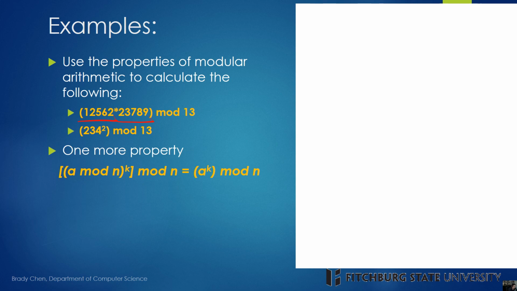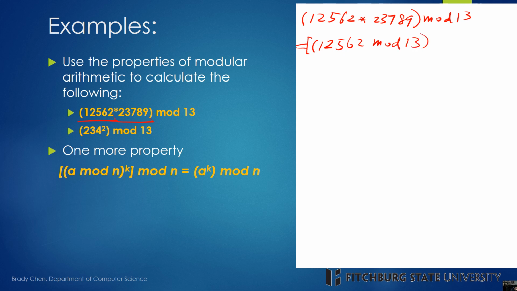With the property, what can we do? We can do 12,562 mod 13 first, and then times 23789 mod 13, and then the whole thing mod 13.